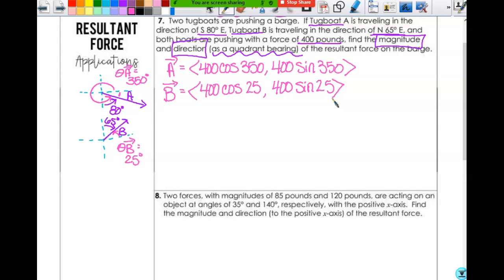Okay, so I want the resultant force of both of those vectors, which means I need a resultant vector, which means I need to add those two together. So we're first going to add them geometrically, which means literally with the pictures. So here, I was just kind of estimating where things go. I'm still going to just use my estimations. I'm going to copy this first vector. So I'm going to try and get the same angle for the most part.